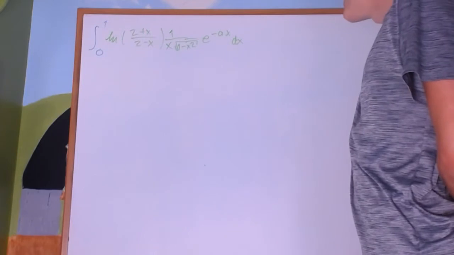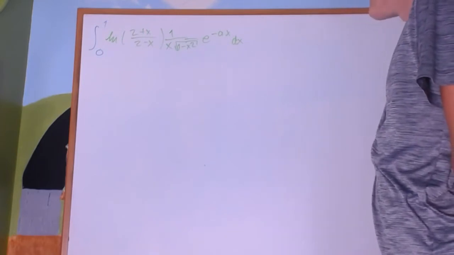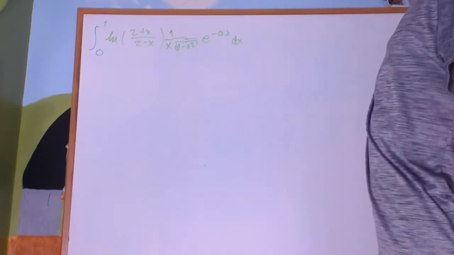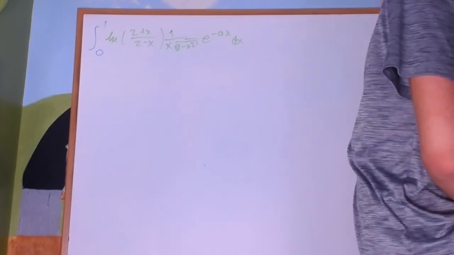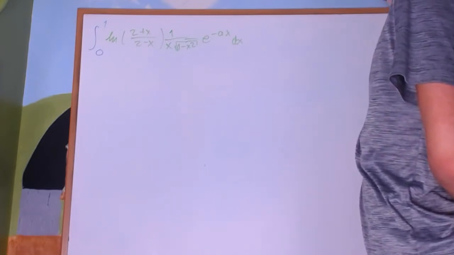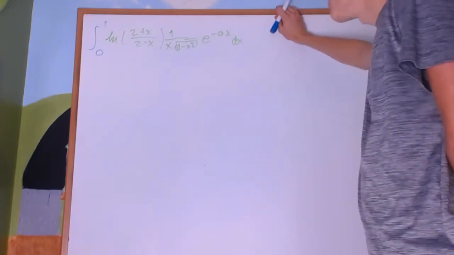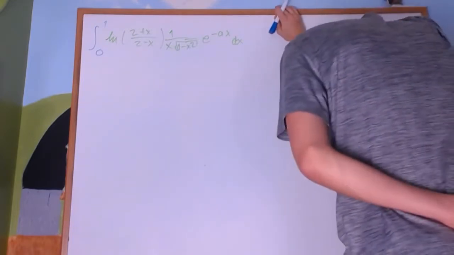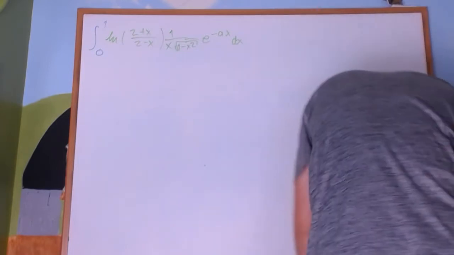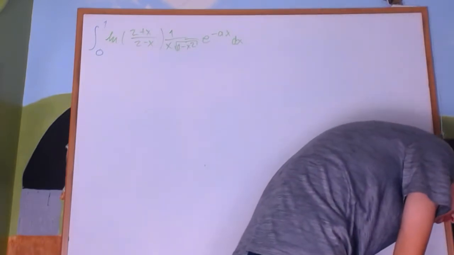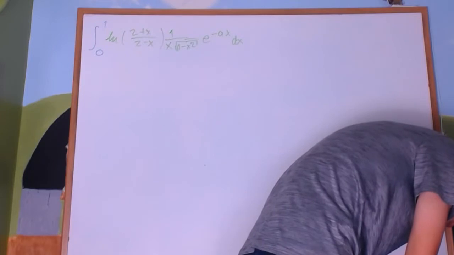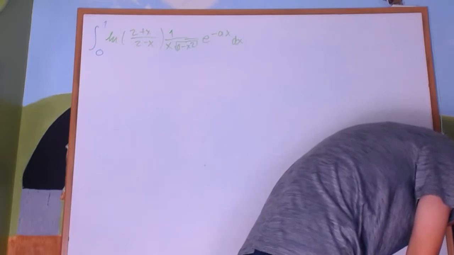Alright. No offense to Black Pen, Red Pen. That wouldn't make... Fourier transform? The point is to remove the sine x.